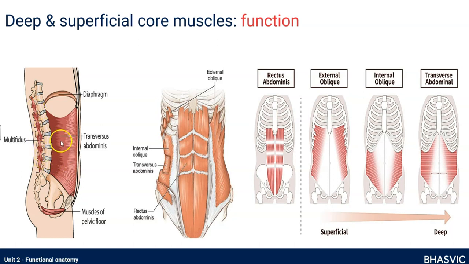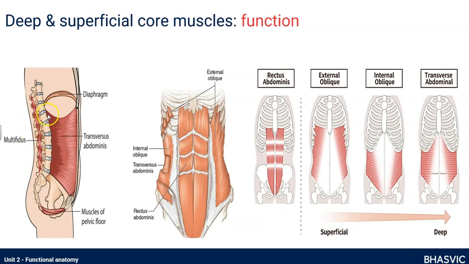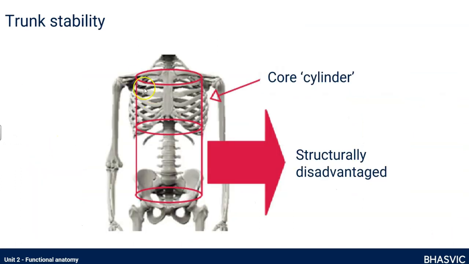That pink cylinder shape, the top, the bottom, and the round the side cylinder of protection is this. Transverse abdominis goes around the side. Multifidus is a core muscle in your back. Your pelvic floor is the bottom. And your diaphragm is actually the top of that cylinder shape.